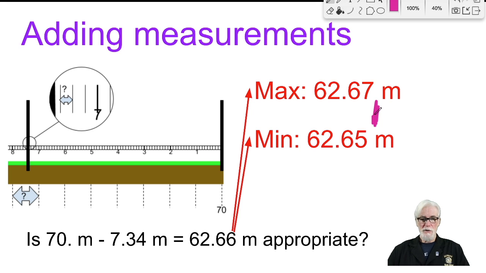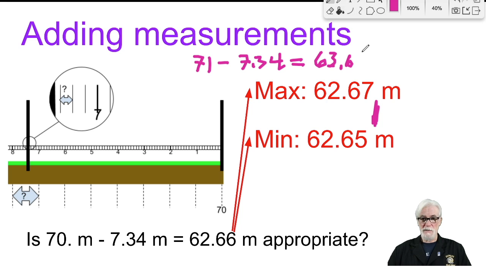But now we have to consider that the two numbers that went into this don't have the same precision. Remember, the original fence was placed at 70 meters, but that was only plus or minus a meter. So if the person who paced that off was a little bit high that day, then actually it was 71 meters minus 7.34 meters. And so the new length of the field would be, in that case, 63.66 meters.